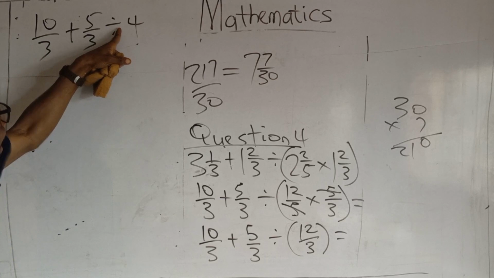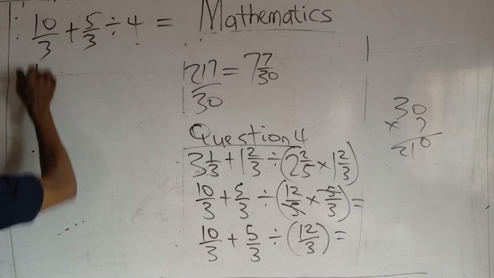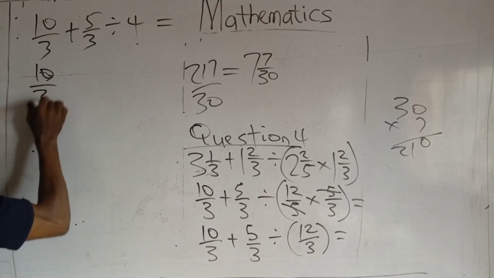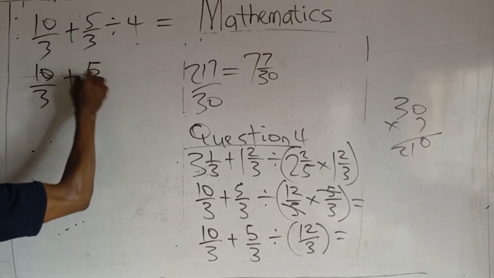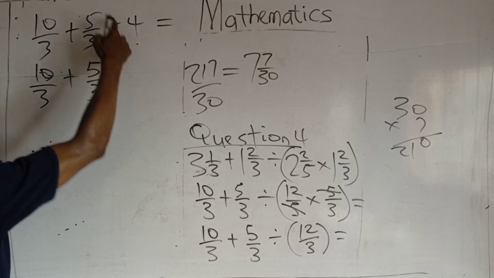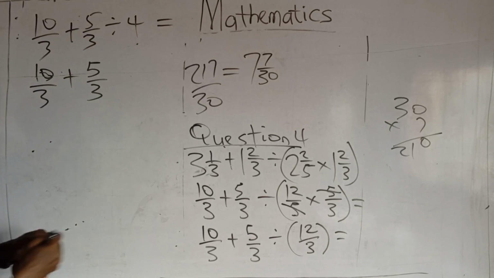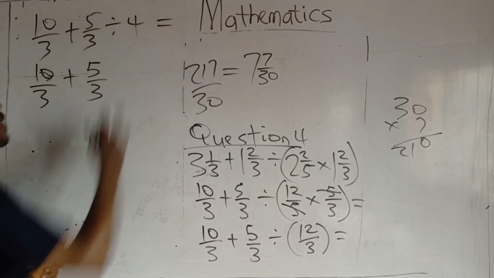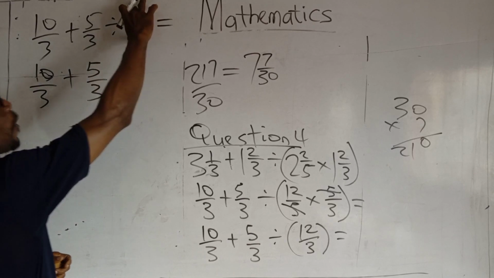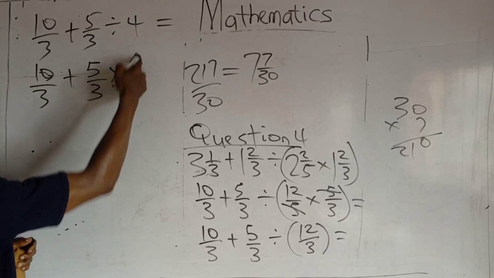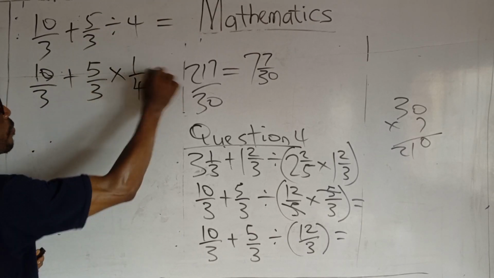So in dividing this, what do we add? 10 over 3 plus 5 over 3. We are going to change this division sign to multiplication, and we are going to invert the value of 4. So we have 4 here. It becomes times 1 all over what? 4.